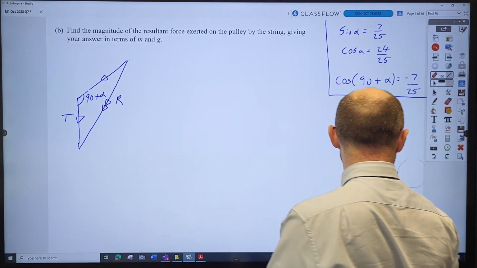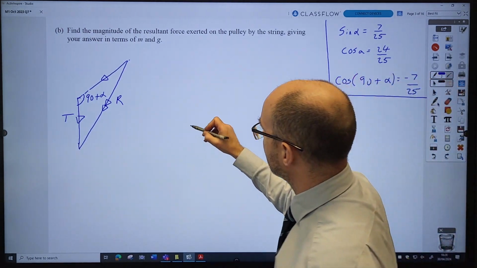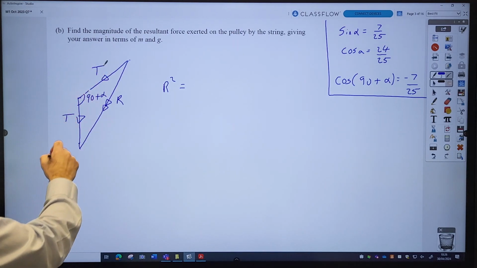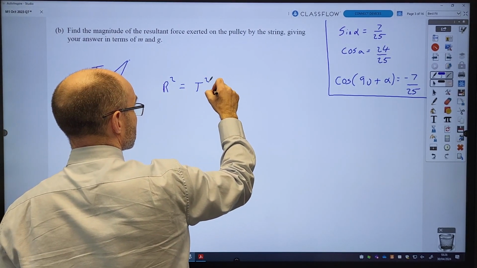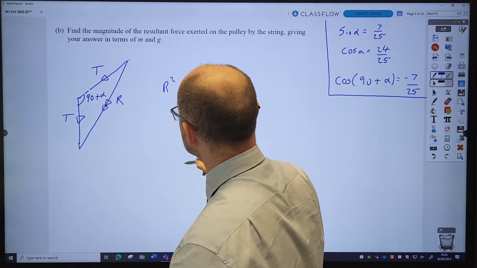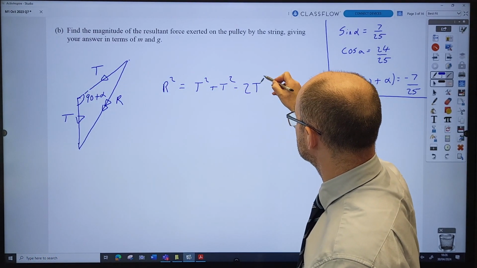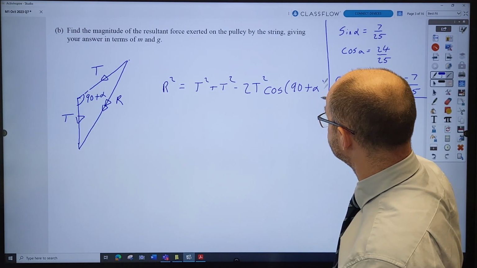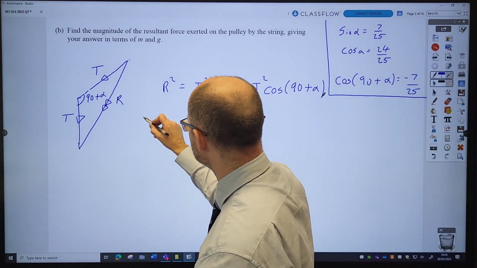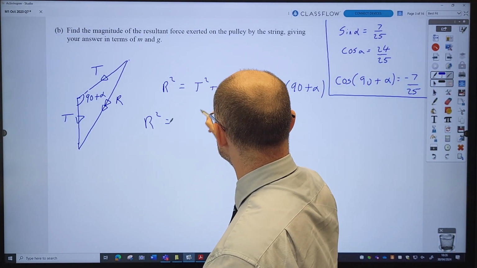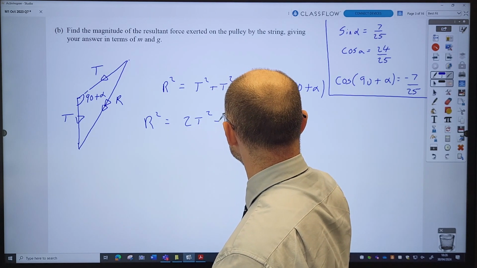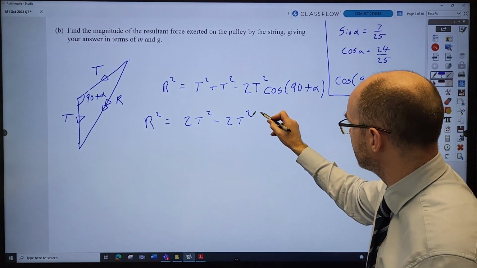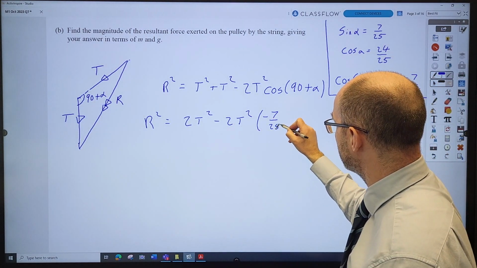Okay, so here we go. We're going to have R squared is equal to T squared plus T squared, subtract 2 times T times T, so 2T squared, times cosine of 90 plus alpha. That's the equation that we want. I'm going to simplify it a little bit. So R squared equals 2T squared, subtract 2T squared times cosine, which is negative 7 over 25.